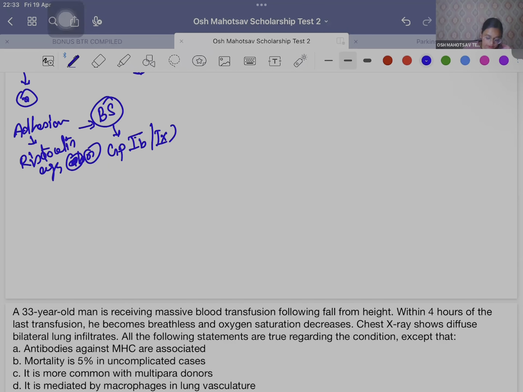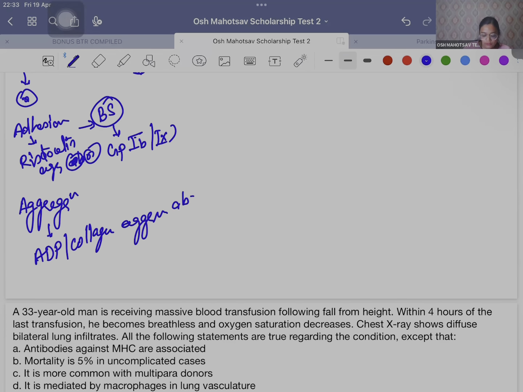Next, if the defect is with aggregation, how will we check? We will check with ADP collagen aggregation, or they will write that ADP collagen aggregation is abnormal. Then the defect will be Glanzmann thrombasthenia, the defect with 2b 3a.